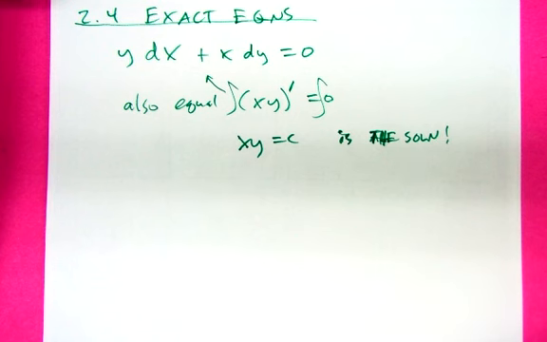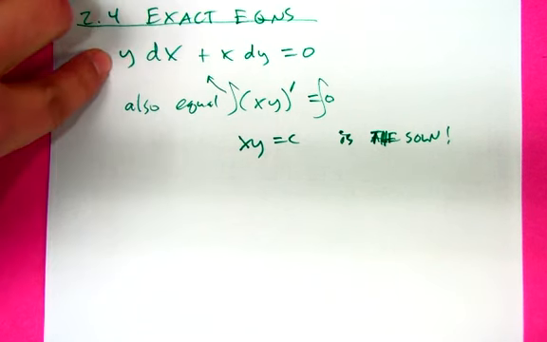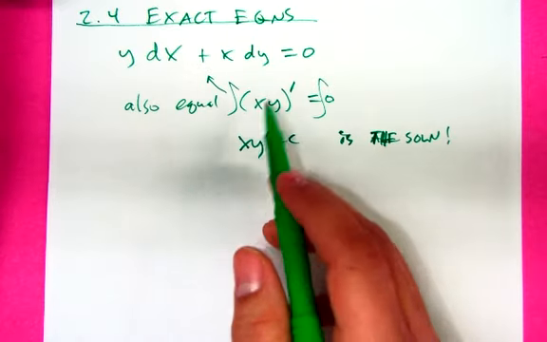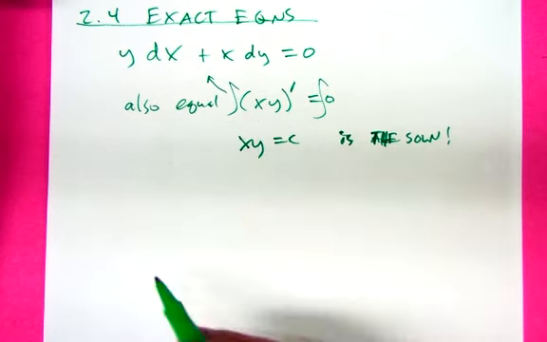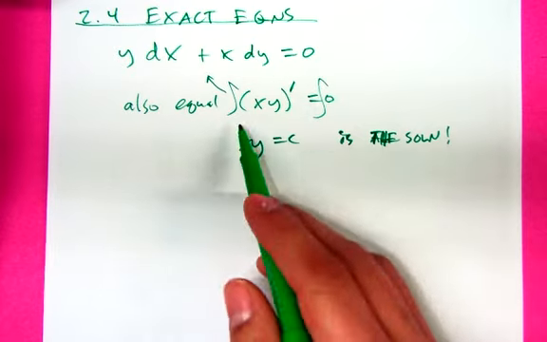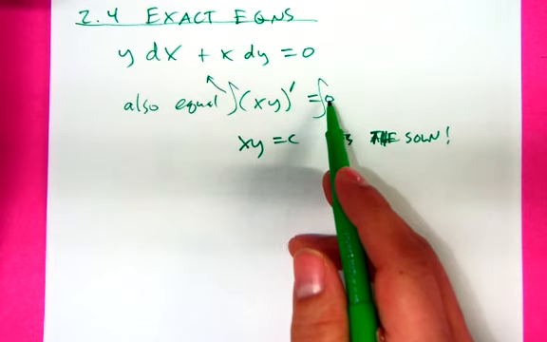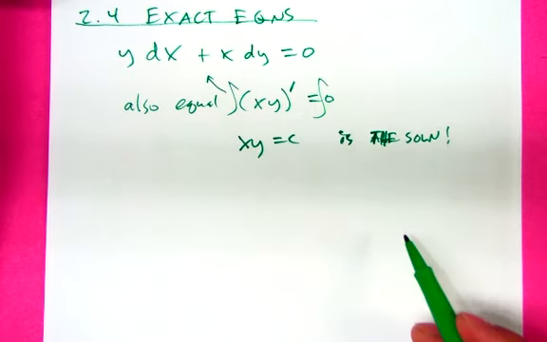Now that's pretty nice and convenient if you can recognize that this equation was the derivative of some product. Because then when you integrate, the derivative cancels the integral, and you're just left with the integral of whatever's on the other side, and that's pretty easy. Okay?